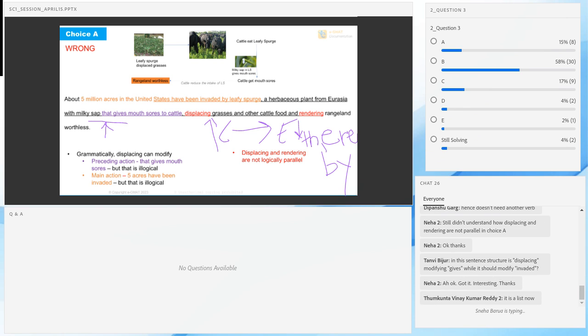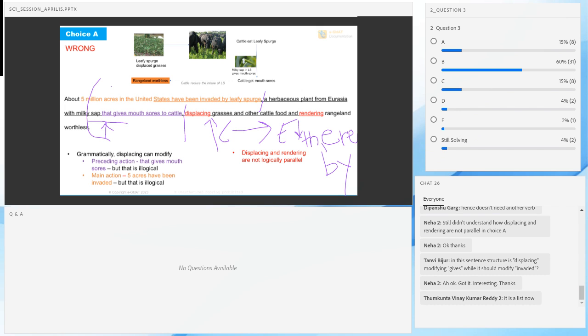Okay, good, I'm glad. It is a list now. Absolutely, Vinay. Tanvi is asking, in this sentence structure, is displacing modifying gives? Let's see. Have been invaded by leafy spurge. No, this is modifying the entire preceding clause. You don't have to think about whether it's modifying just this part here or this entire part over here.